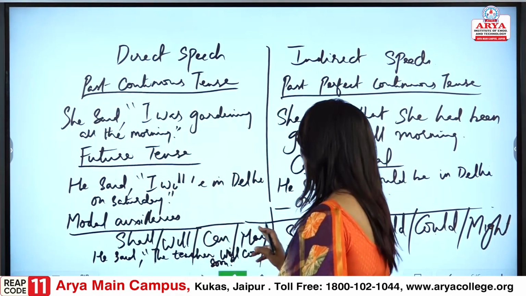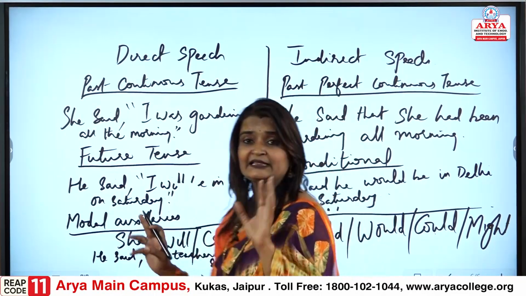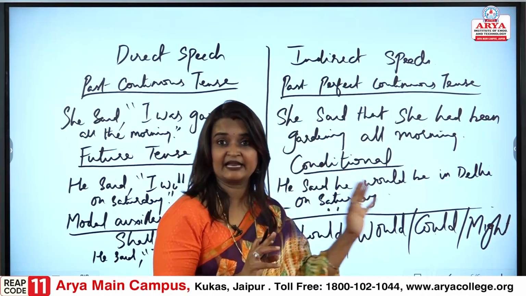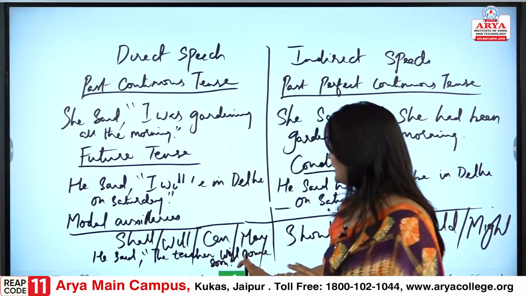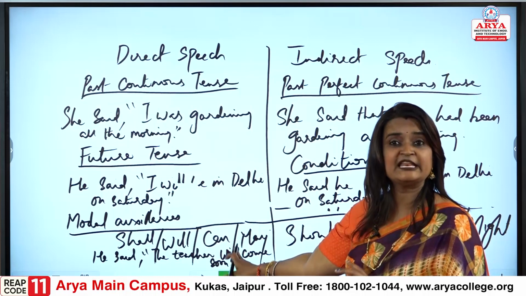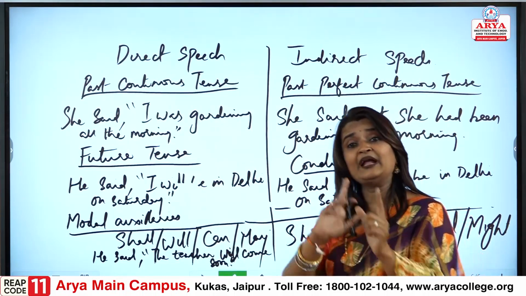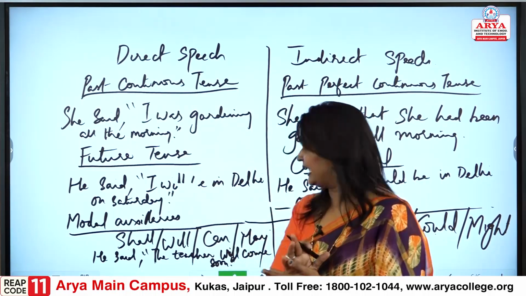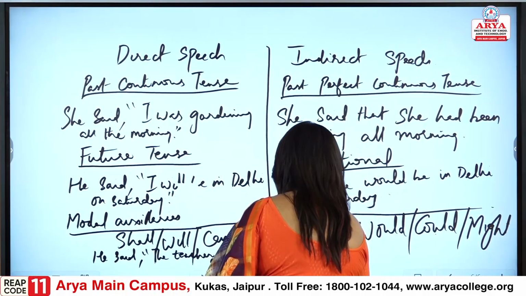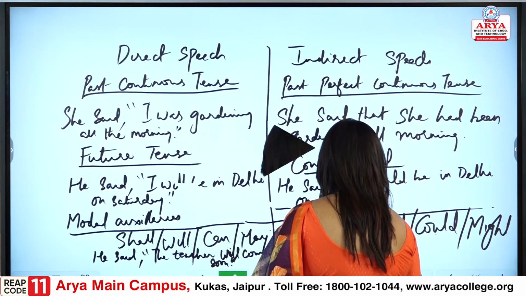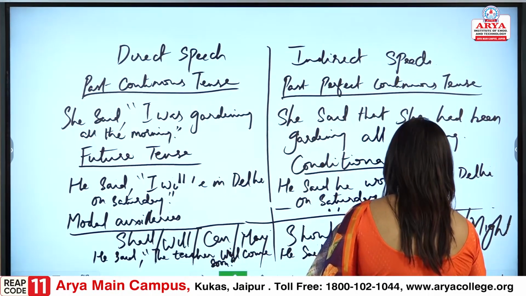Now, when we are converting it from direct to indirect, what changes would we make? Over here the modal auxiliary is will. So, how would we convert the will? Now, it becomes: he said that the teacher would come soon.